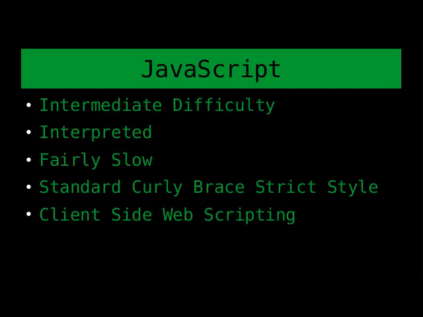You can also get Node.js and run it that way as a process. There are so many different things that you can do to play with JavaScript. There are sometimes other applications that will allow you to work with JavaScript in them. But it's interpreted, it's fairly slow, and it has the standard curly brace style, but it is a script style, so you don't have to control all your variables as you would on a strict style.